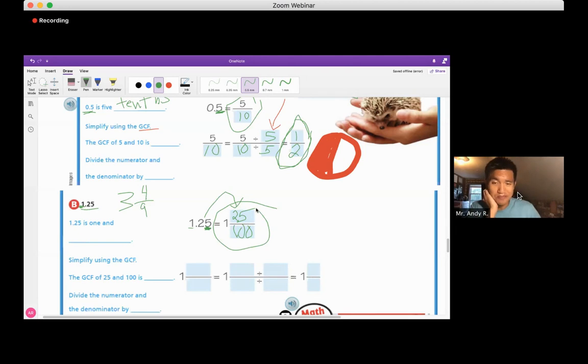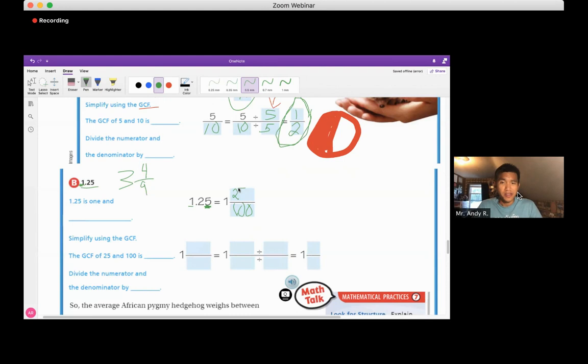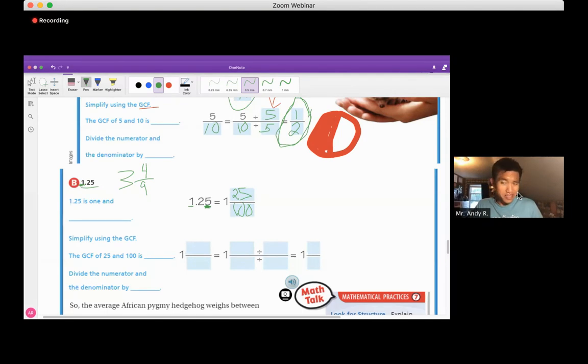People on the chat, we can simplify this too. Just like last time, we can simplify the 25 over 100 because 25 and 100 are pretty big numbers. Can we make this a little smaller? We can, because we can find a common number to divide both of them.